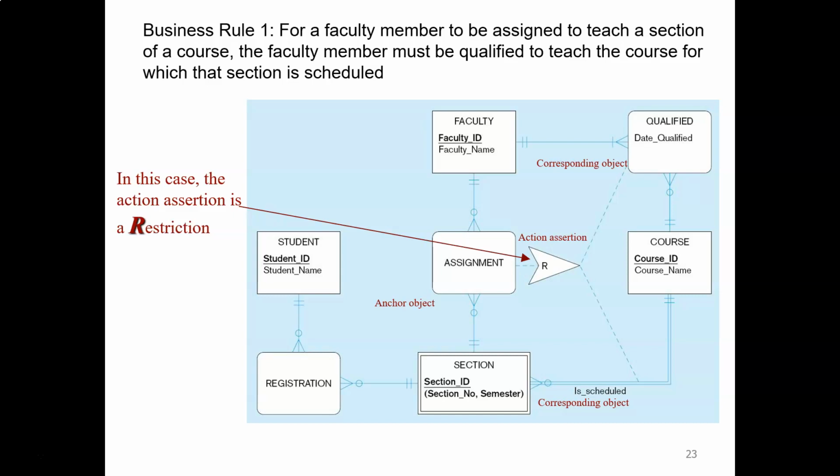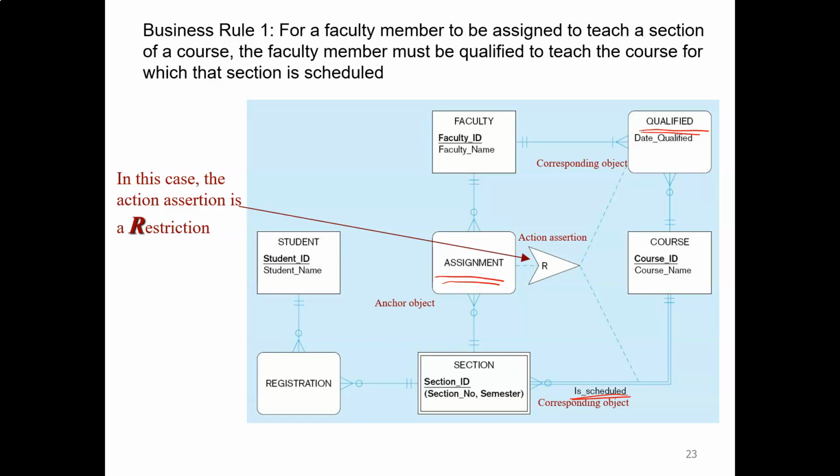Basically here, the anchor object is assignment, because anchor object is the object on which action is limited. And the corresponding object would be the qualified and also scheduled, because corresponding objects are objects that are influencing the ability to perform an action. So if the professor is qualified to teach a course and the course is scheduled, then we can assign the faculty member to teach the course.